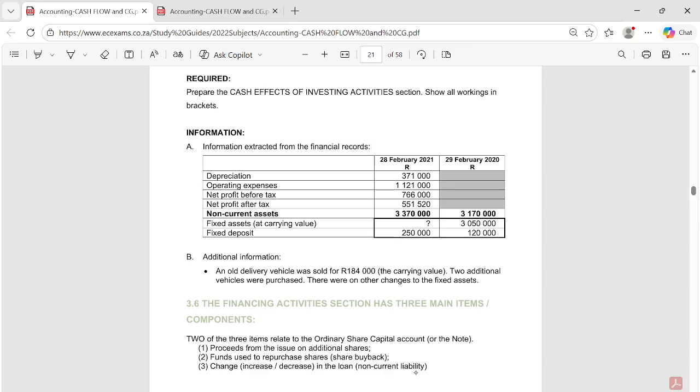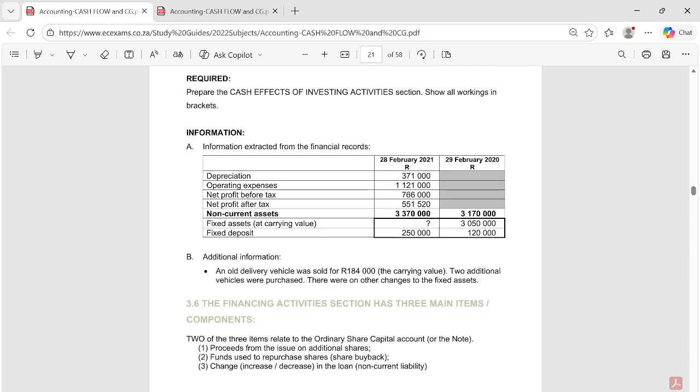And then we had our total non-current assets as 3,370,000. And then we have a fixed deposit of 250,000. So therefore this minus this can give us our fixed deposit here, right, guys?